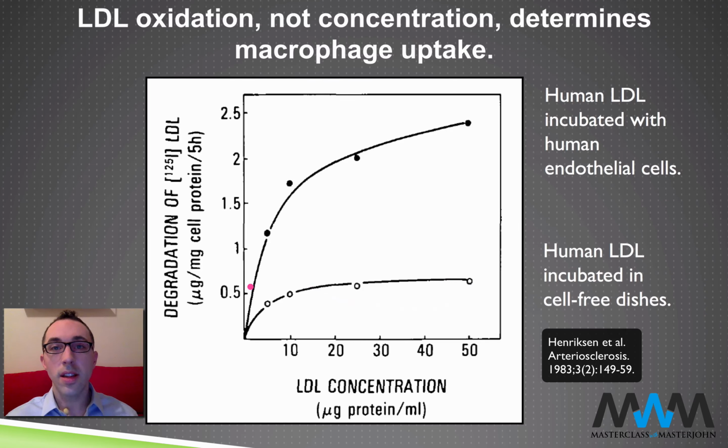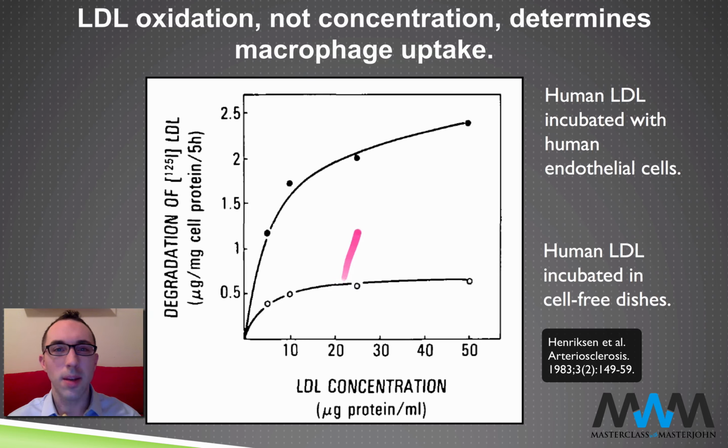On the other hand, if you have endothelial cell modified LDL, you have a much higher rate of uptake into macrophages, and it doesn't plateau, at least at these concentrations, although it hints that it's starting to plateau. We can imagine maybe it plateaus over here. And so what we can say is we can go up 5-fold in concentration from 10 to 50, and that has no effect on macrophage uptake of LDL particles.